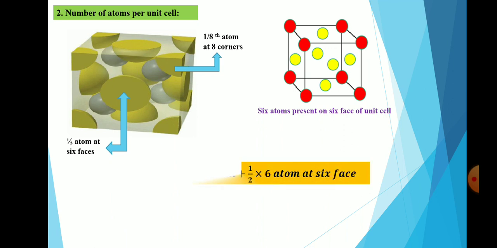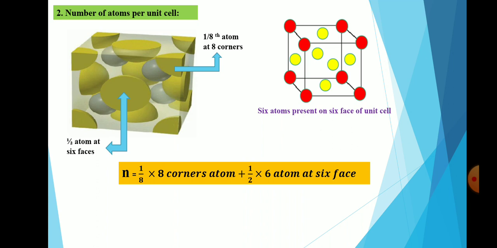Now very simply we have to calculate n is equal to 1 by 8 part of each atom present in a unit cell, into how many corner atoms? 8 corner atoms, plus 1 by 2 part of atom present in a unit cell, into how many face atoms? 6 atoms.